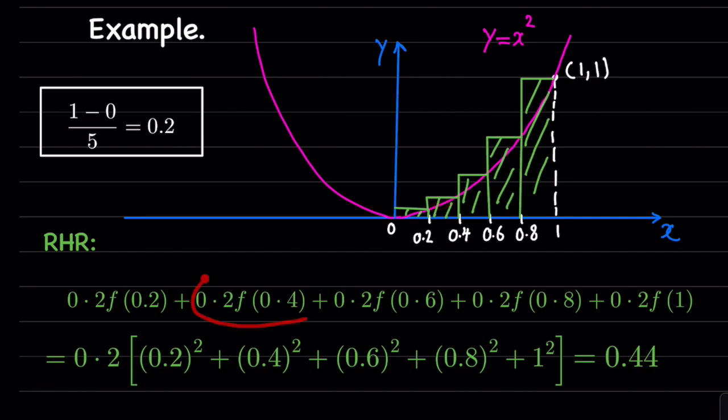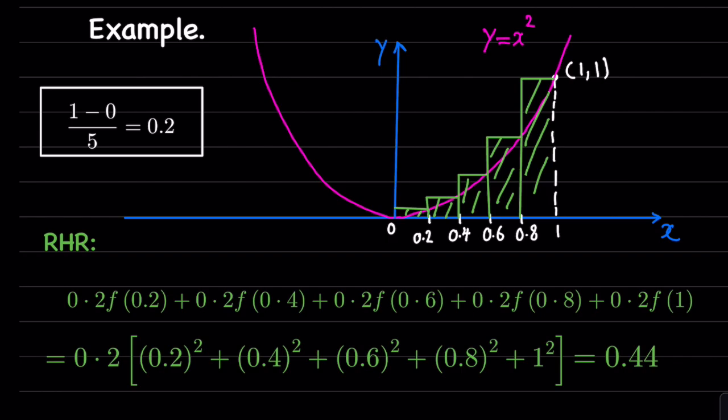So what you see here is the area of that green rectangle. One side is 0.2, the other side is the value of the function at 0.4. And you just repeat this for the other three rectangles.